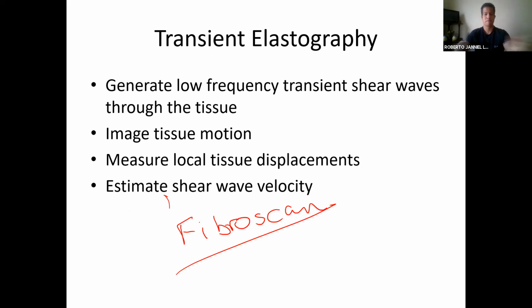It's not for imaging, but it's an extremely handy device that uses the same principles as elastography to determine stiffness in the liver. So you can non-invasively determine the degree of fibrosis. That's where the name comes from. You don't even need an ultrasound scanner or an MR machine. So it's kind of neat. That's why clinicians love it.